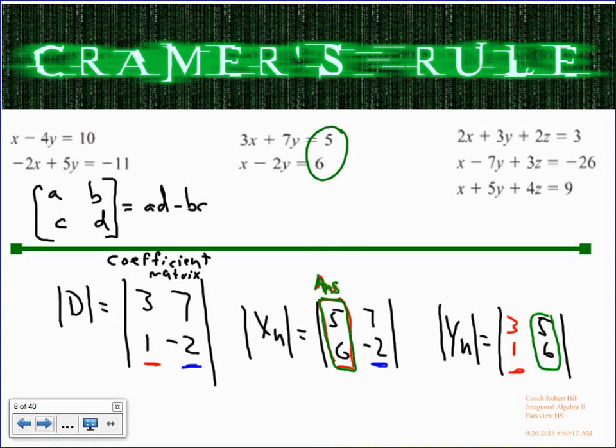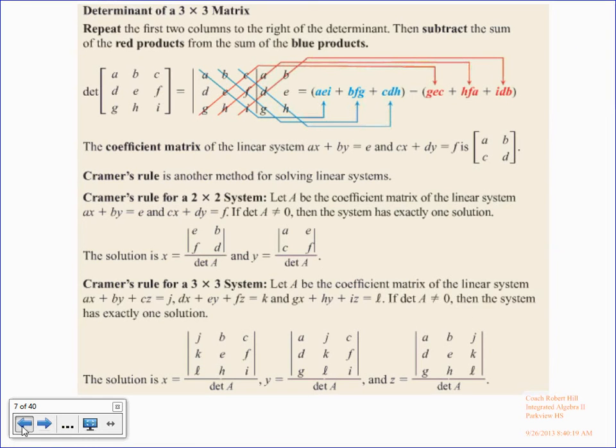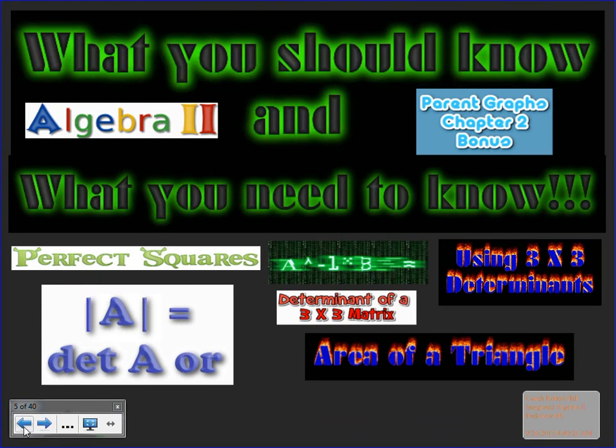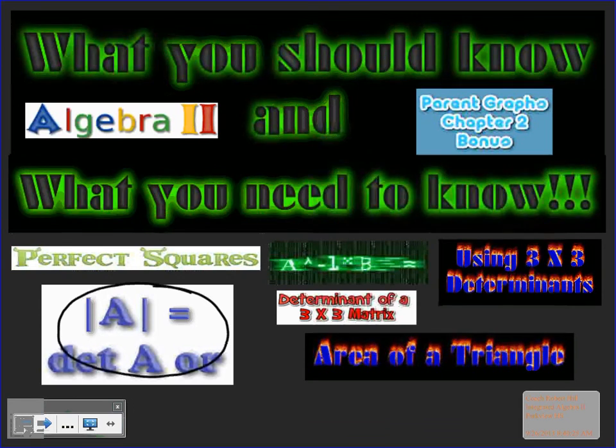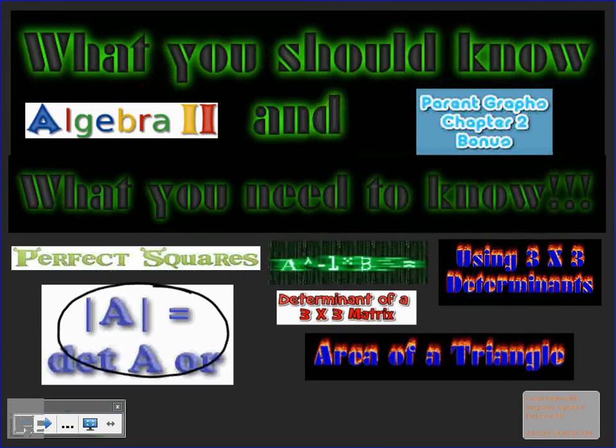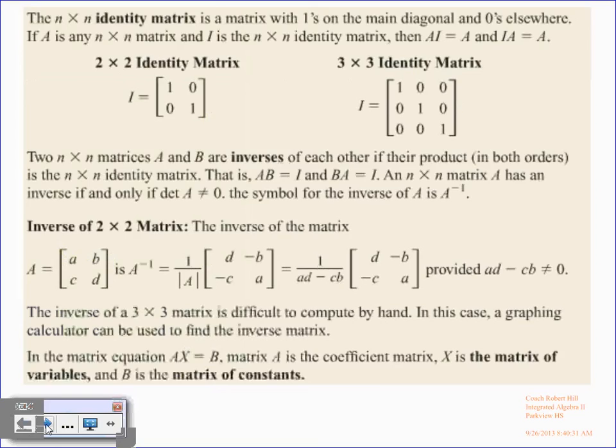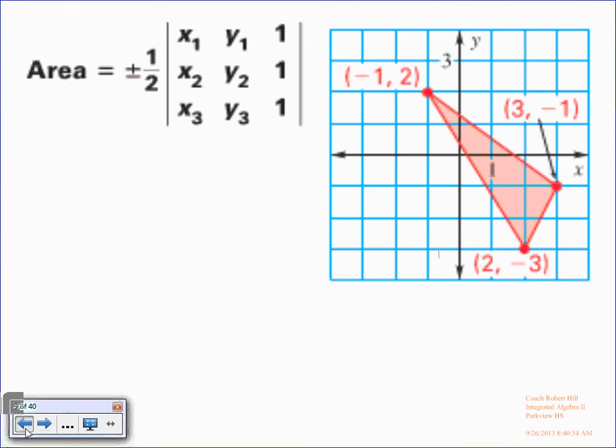That's what you do to find the determinant of a 2 by 2 matrix. I will use that symbolism right there. It will say DET A, or looks like absolute value, but where we're at, it's not absolute value.